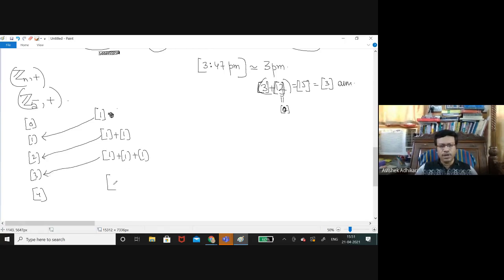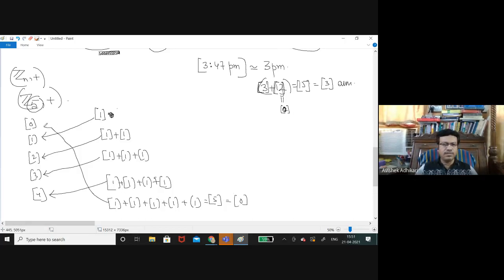If I add 4 times, I'll get this element. And if I add 5 times, mind that we are in Z5, what will I get? I'll get 5, and that is nothing but 0. That means I get back to this element.